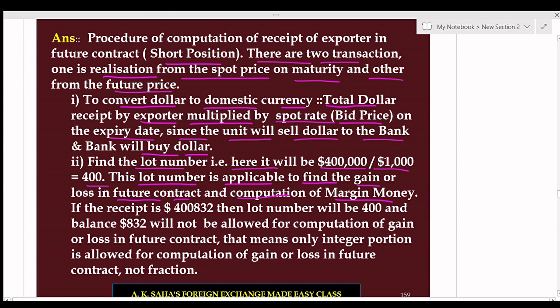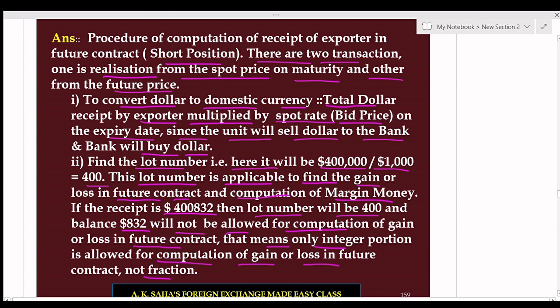If the receipt is $4,832, then the lot number will be 400 and the balance $832 will not be allowed for computation of gain or loss in future contract. That means only the integer portion is allowed for computation of gain or loss in future contract, not the fraction.